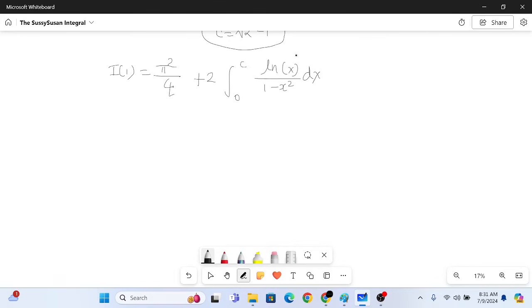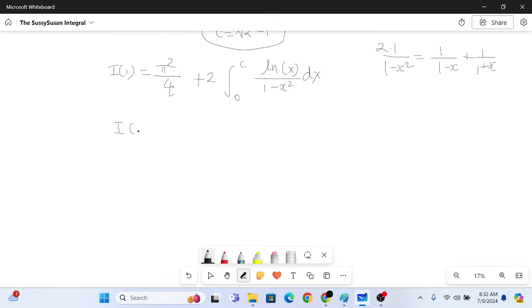This one is actually easy to break. 2 times 1 by 1 minus x square is just 1 by 1 minus x plus 1 by 1 plus x. If you have this 2, this will be 1 plus x plus 1 minus x, the x is cancelled out, so 2 by 1 minus x square. So we get this.